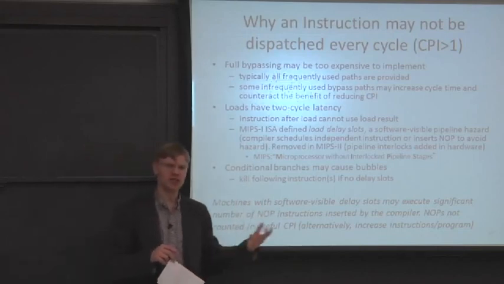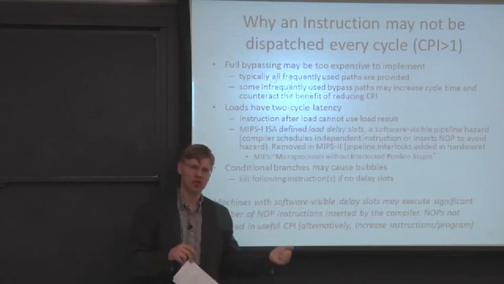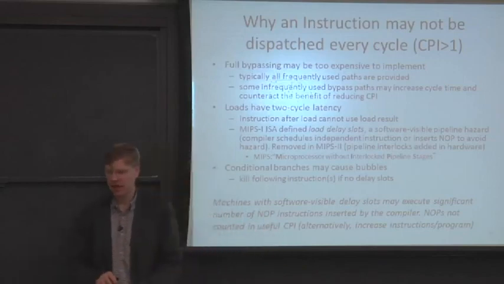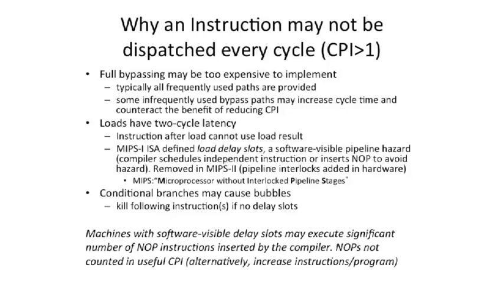And the compiler would have to schedule some non-dependent instruction, an instruction which was not dependent on the load, into that spot. This was ultimately removed out of the ISA, and stalling was put back in, because as you went to different pipeline lengths and different microarchitectures, this started to be onerous.